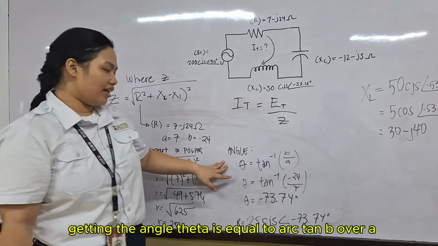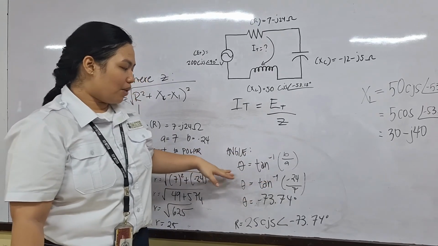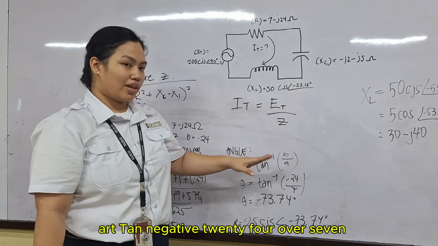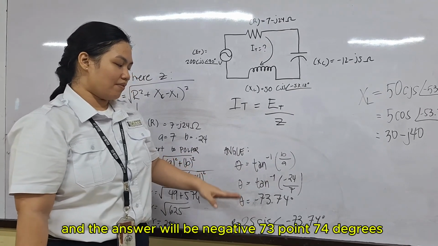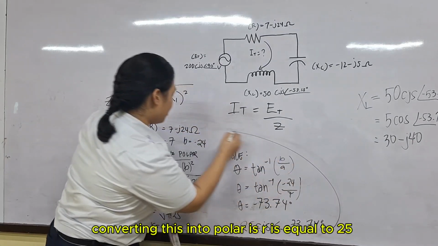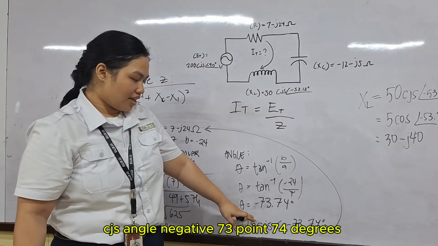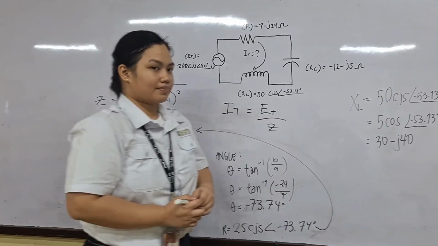Now getting the angle, theta is equal to arctan B over A, which is arctan of negative 24 over 7, and the answer is negative 73.74 degrees. So our answer converting this into polar is R equals 25 cis angle negative 73.74 degrees.